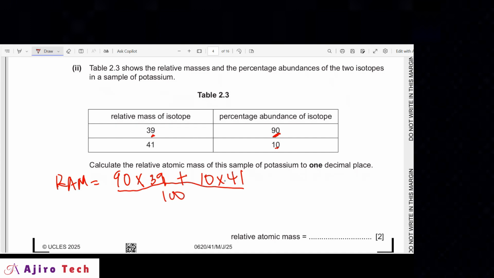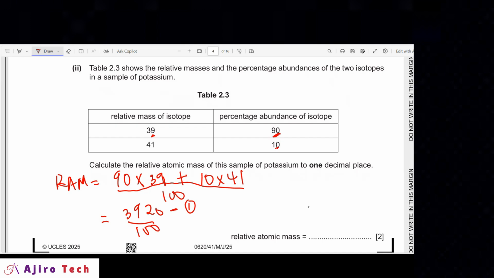Okay, so this is what is expected when you have a question like this. Moving forward, if you compute this, the numerator is going to give you 3920, and then you divide that by 100. When you're solving this question, there is 1 mark for doing this, so you have to follow this step so you can get all of the marks.